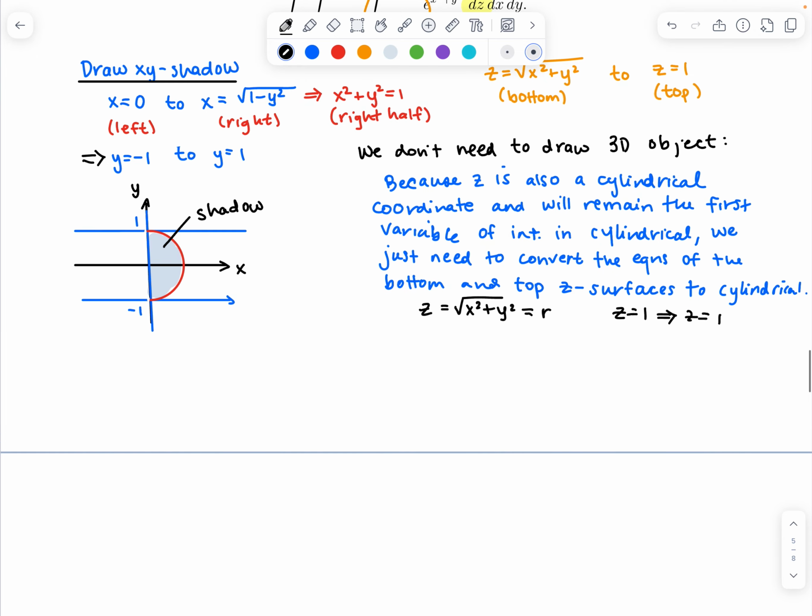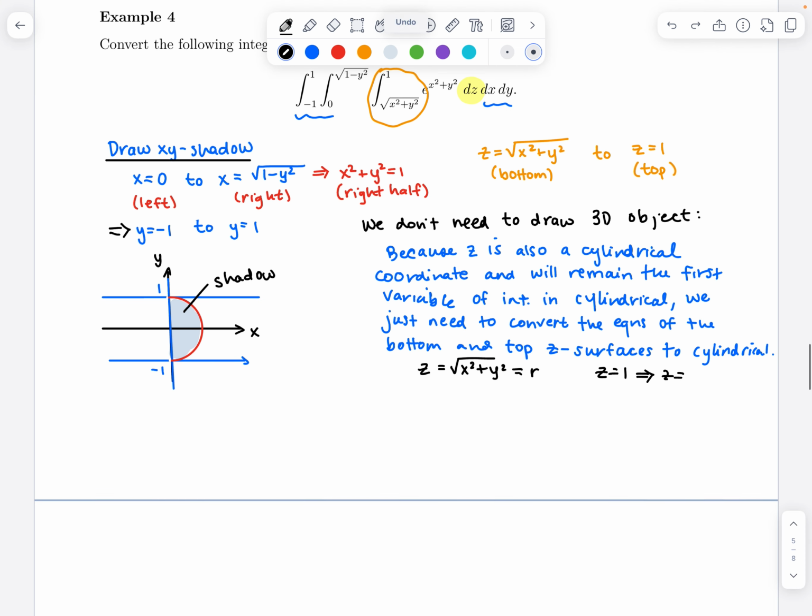I don't have to draw the 3D object in this case, so I'm not going to bother doing that. I already have the shadow in the xy plane that I would need to generate from that solid so that I could set up an outer polar integral. So if I want to convert this integral, my outer double integral will be set up in polar.